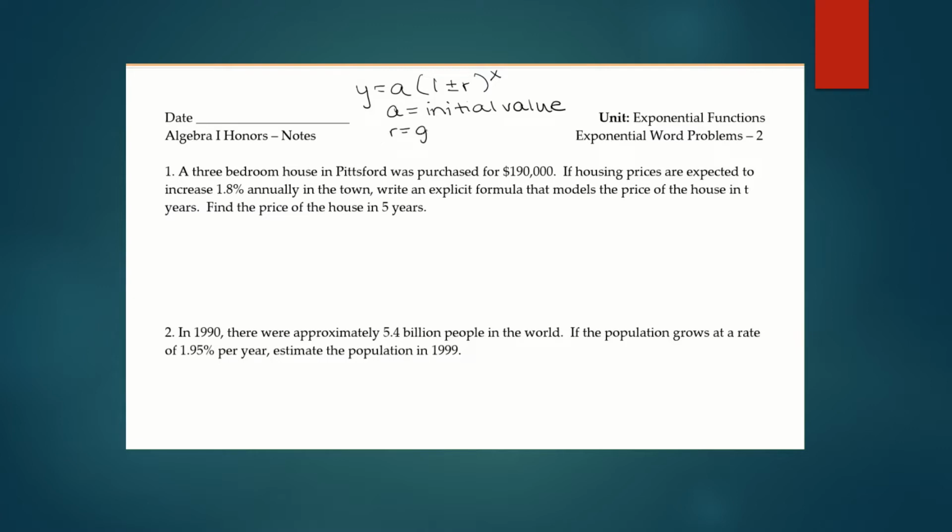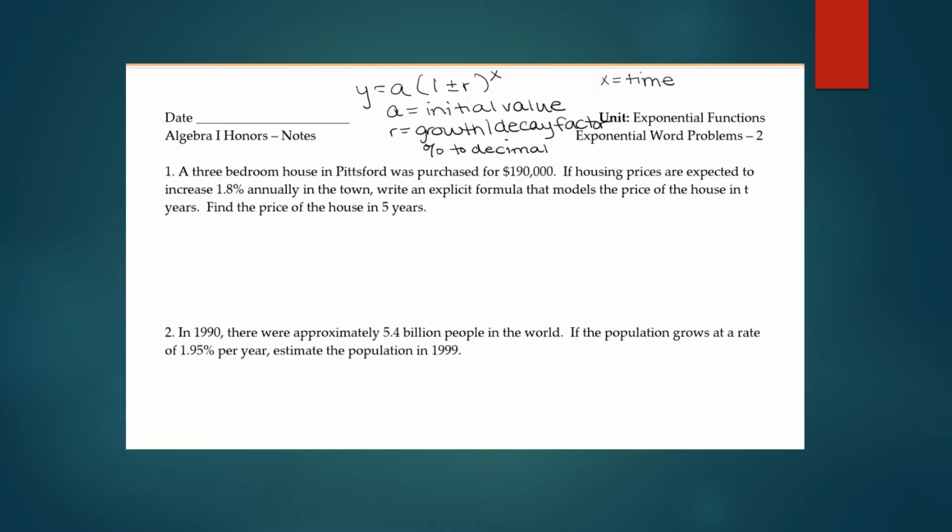R is the growth or decay factor. And remember that we're given a percent, and we're going to change it to a decimal. And then last but not least, our x value is our time.